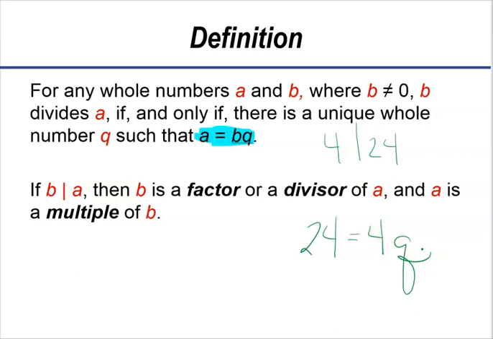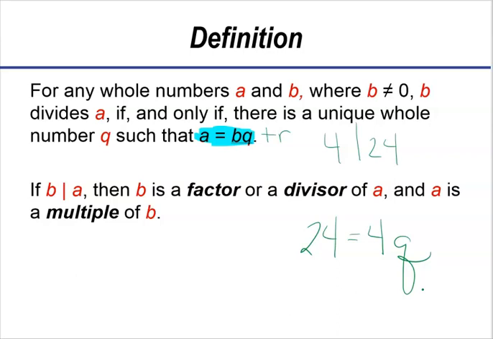Remember the division algorithm? That was A equals BQ plus R. Right here, that's the division algorithm. But because R is equal to 0 when we say B divides A, then we don't have an R there anymore. And again, what's our Q in this case? Q is 6. But if 4 divides 24, that means 24 is equal to 4 times some number. And again, that happens to be 6.